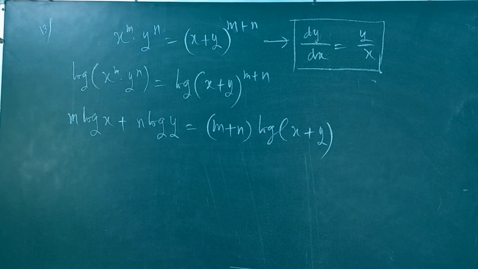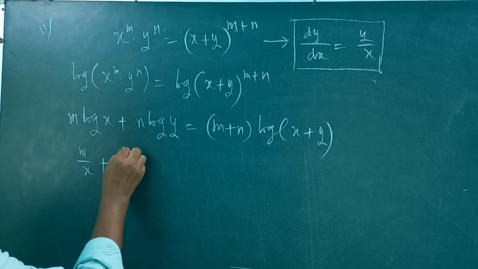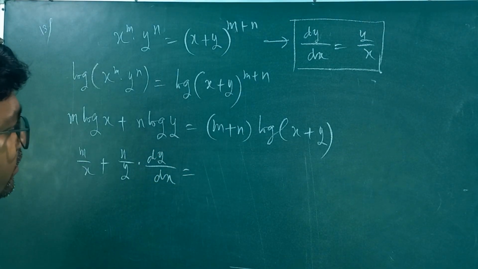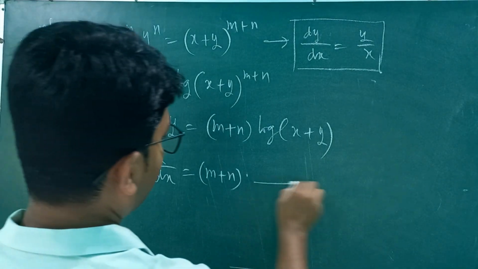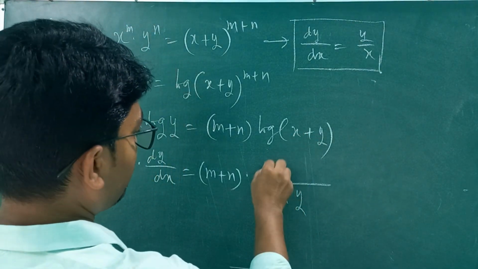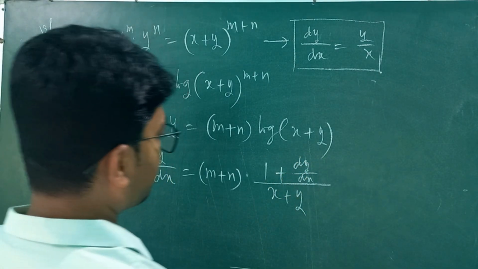Now take the derivative on both sides. This one is m by x, this one is n by y into dy by dx. m plus n is constant. The derivative of log (x plus y) is 1 by (x plus y), the derivative of x is 1, the derivative of y is dy by dx.